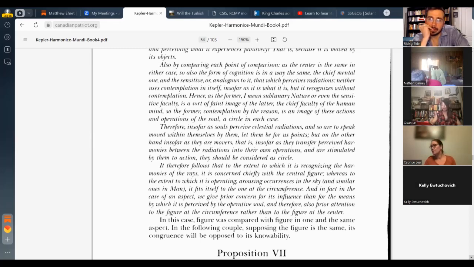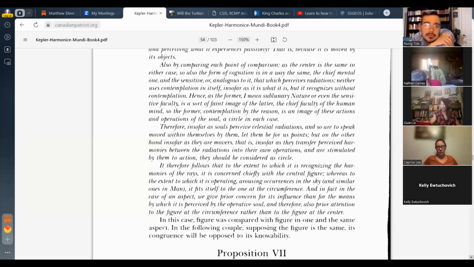So the former, contemplation by the reason, is an image of these actions and operations of the soul, a circle in each case. Therefore, insofar as souls perceive celestial radiations, and are, so to speak, moved within themselves by them, let them be considered as points.